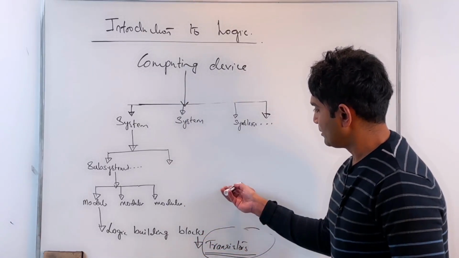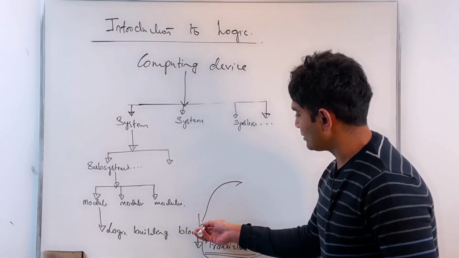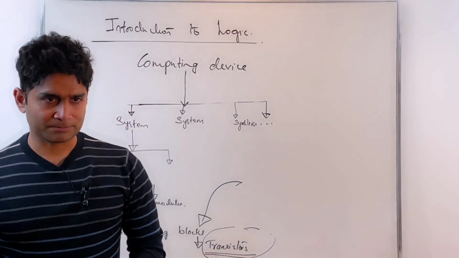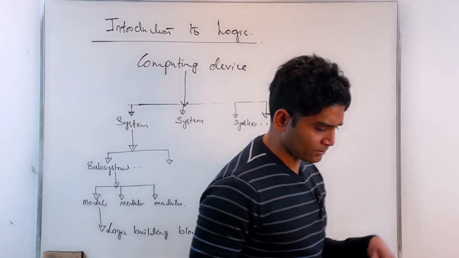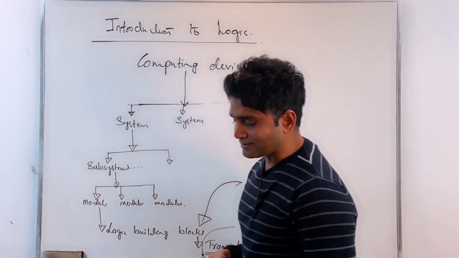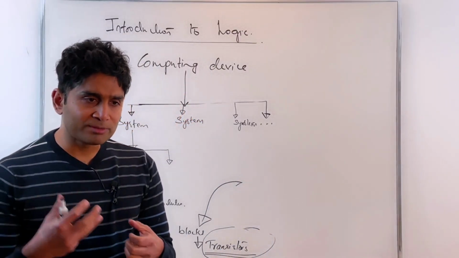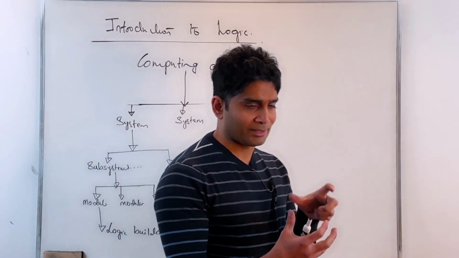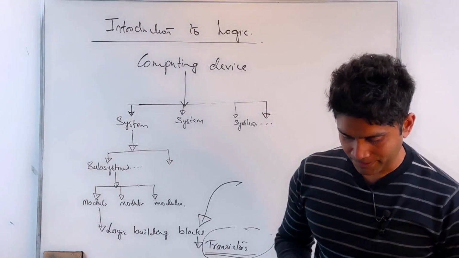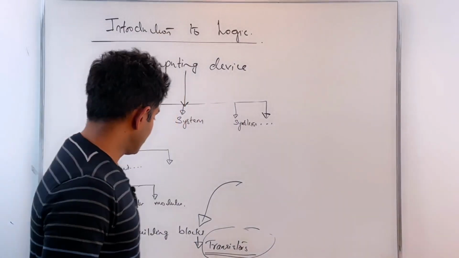We'll be focusing more on the logical building blocks, which is more fun, I would say, because you're working with logic. And in this class, we're going to examine how we can actually put these logical building blocks together correctly so that you can get a functional system out of it. So that's the idea. All right.